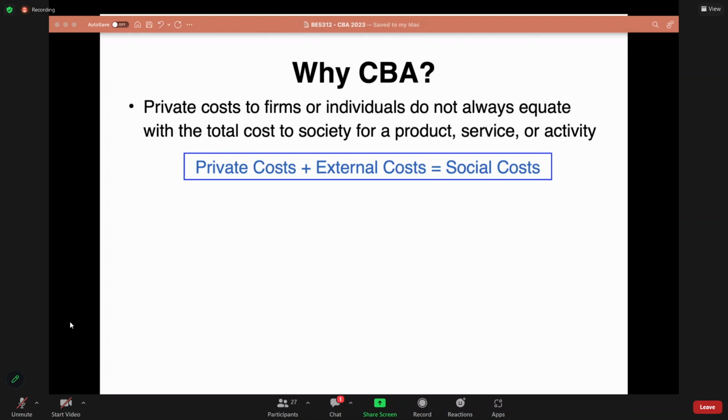None of those things would be captured there. So you're only costing the price for the client. There are these other external costs associated with these activities that we are not normally considering in a financial appraisal.